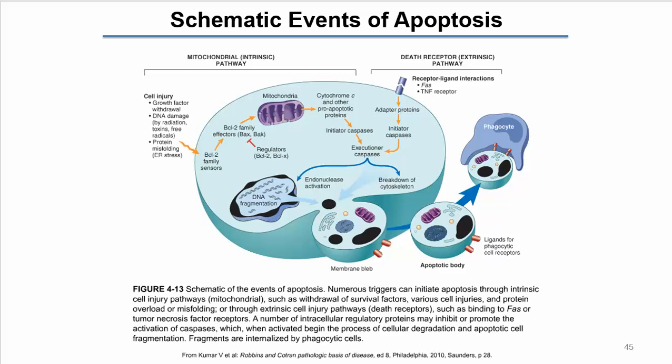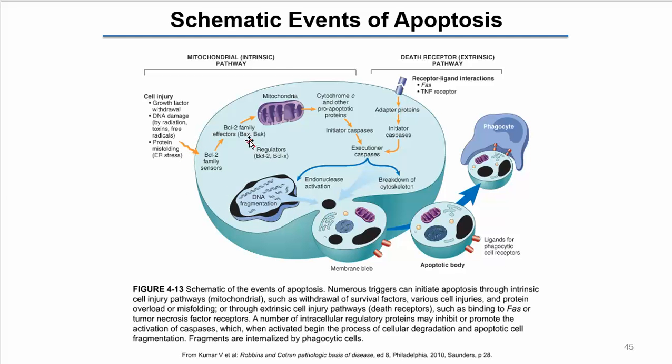This is what it ends up looking like. This schematic will help you understand a little bit. So you've got cell injury: not enough growth factor, DNA damage, free radicals, toxins, radiation, bad proteins being made, the wrong pH.